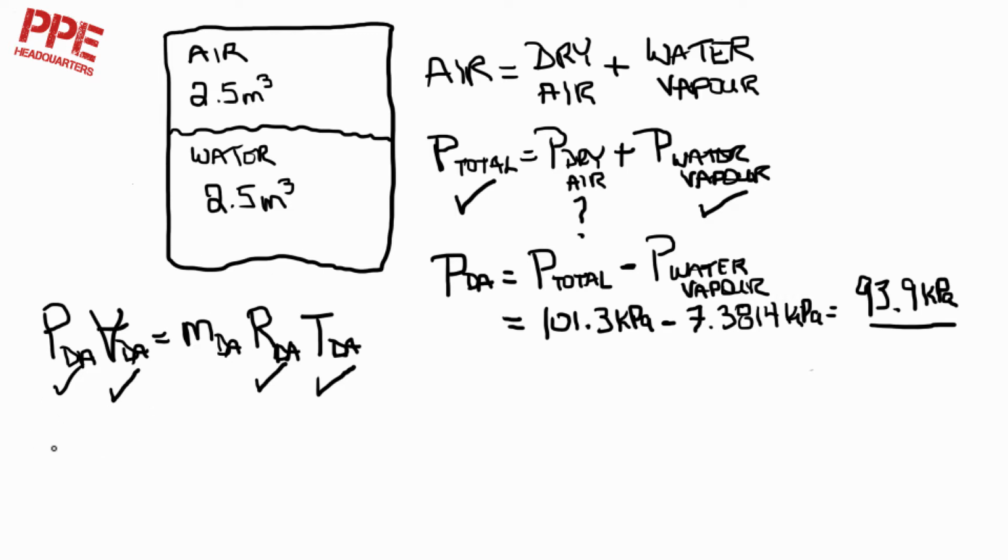If I divide both sides of the equation by RT, I get the mass of the dry air equals P of the dry air times V of the dry air, divided by R of the dry air times T of the dry air.